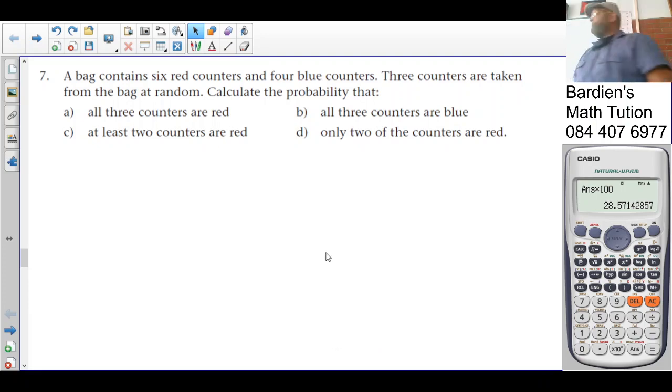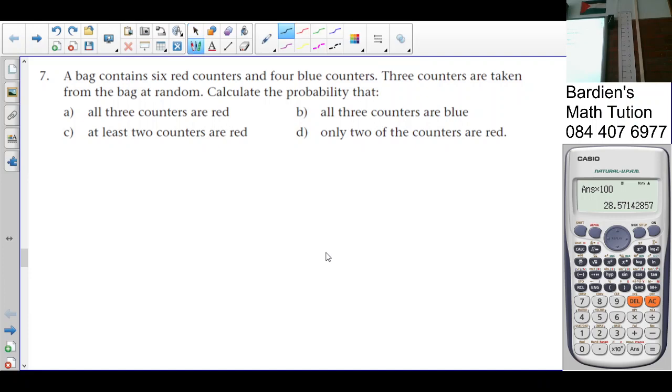Okay, number 7. A bag contains 6 red counters and 4 blue counters. How many counters are there in total? 10.